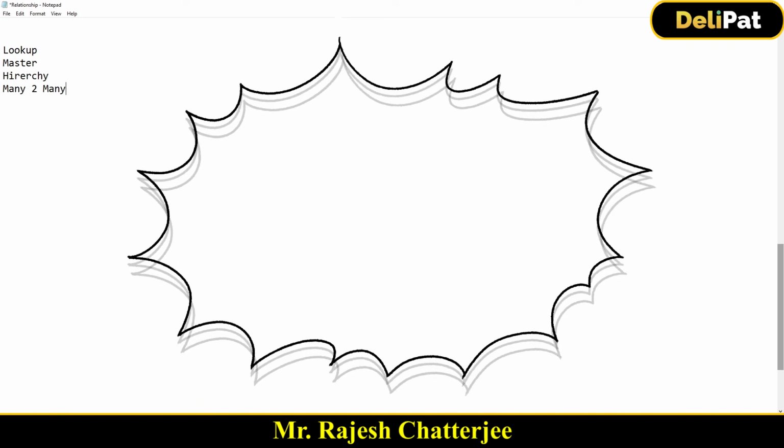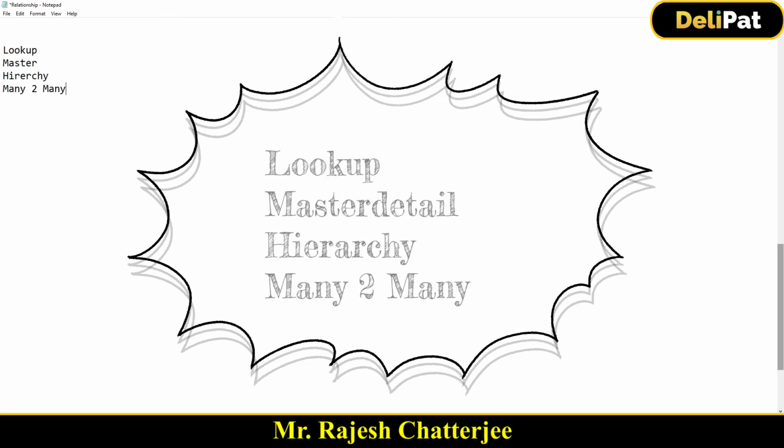Creating these fields just takes 2 minutes, but what's important is to understand the concept, because as an admin or a BA you would be using this concept for different situations. If you are clear about the concept, that will be really helpful to survive in the project. As I told you, from the relationship chapter you're going to get at least a couple of questions in the certification, if you are applying for the admin certifications.